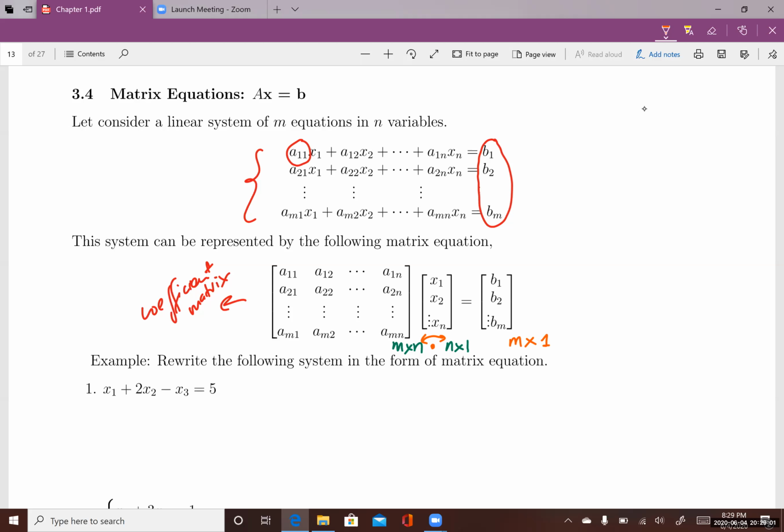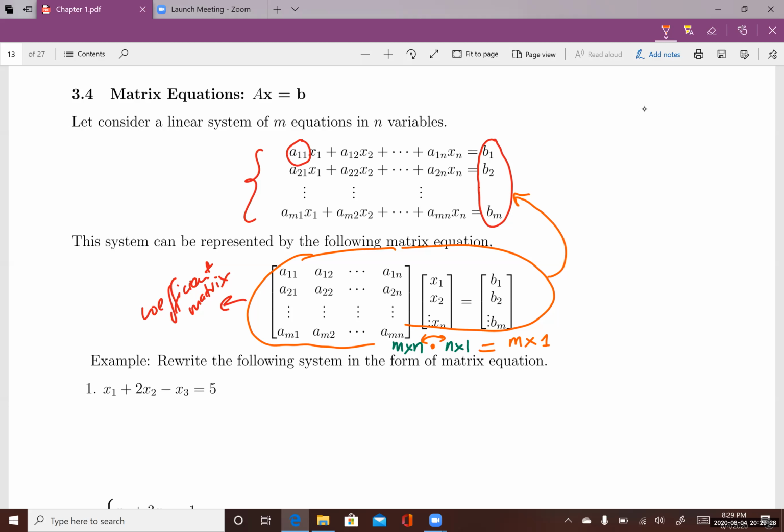That's why the dimensions of this matrix are M by 1. And that works out, right? A matrix M by N multiplied by a matrix N by 1, you will get out a matrix M by 1. So this equation is a matrix equation that is the representation for this linear system of M equations and N variables.